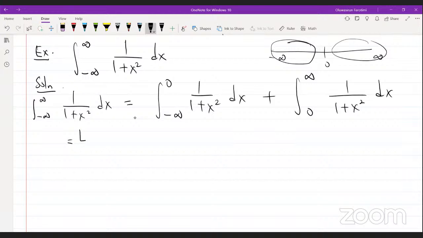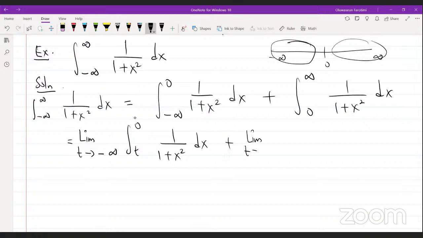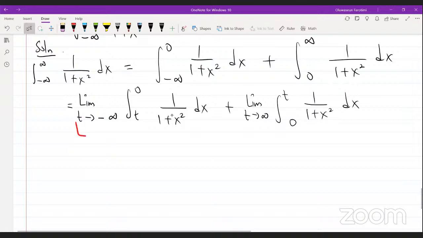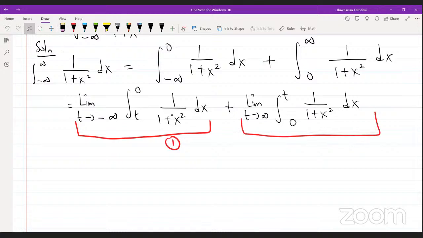That means I can write them first in terms of the limit notation. The limit as t goes to negative infinity of the integral from t to 0 of 1 over 1 plus x squared dx, plus, what about this guy? The limit as t goes to infinity of the integral from 0 to t of 1 over 1 plus x squared dx. Let me label this guy number 1 and this guy number 2.